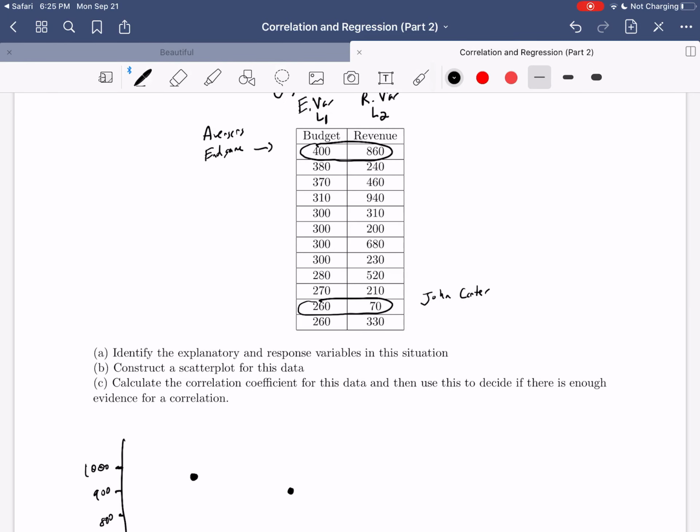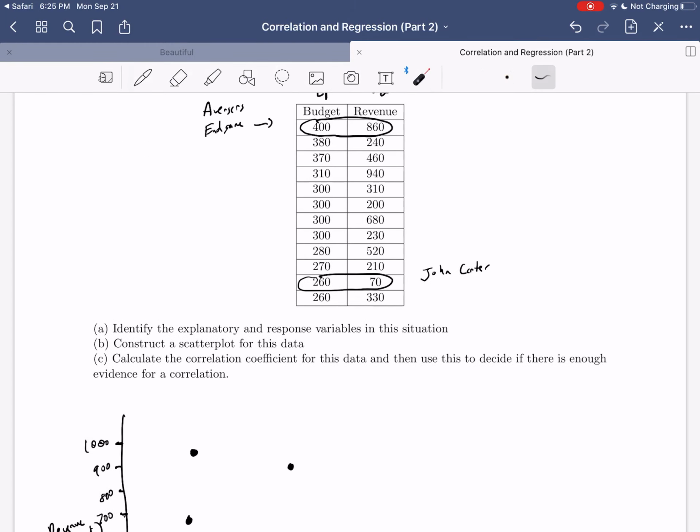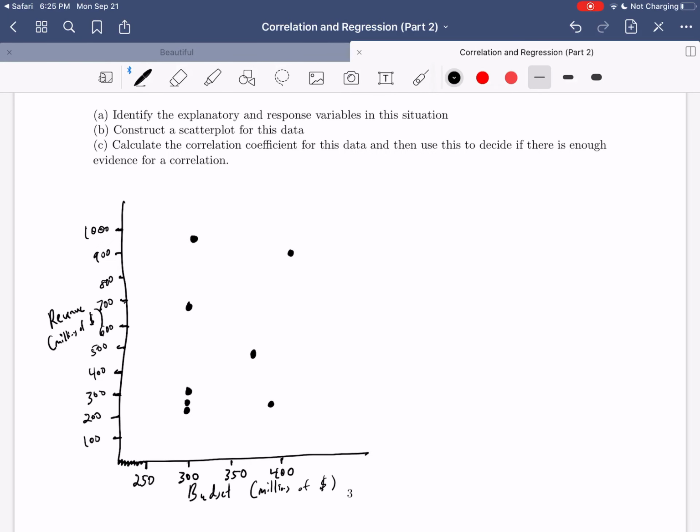And then we also had 300 and 230. So that should be right about there. Okay. And then we had 280 and 520. 280 and 520. Looks like that should be right about there.